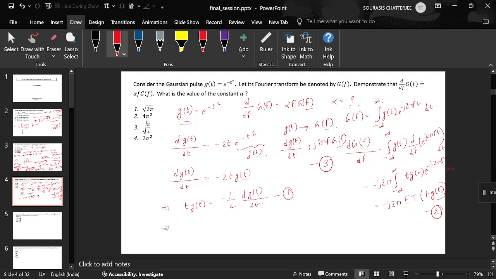So from this equation here we'll have that the Fourier transform of t g(t) is nothing but minus half the Fourier transform of dg(t)/dt.